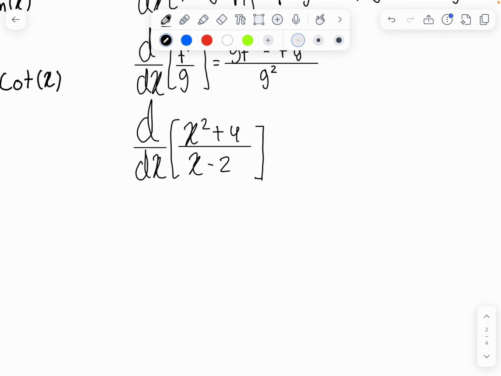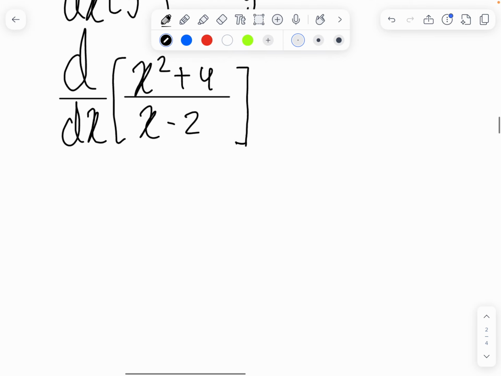Let's write down our d, f, g, f prime, and g prime.